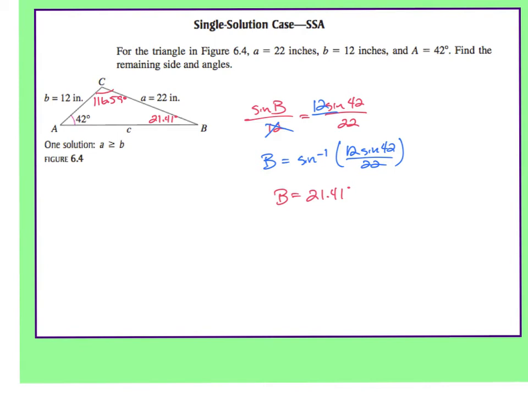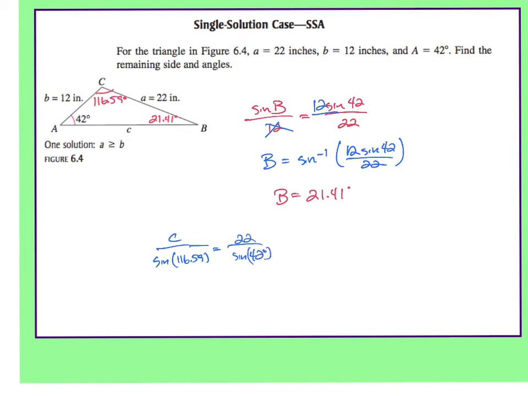Evan, set up my proportion for me. It'd be C over sine of C is equal to... Okay, sine of C, which is? 116.59. Good. Which is equal to A over... Okay, what is A? 22 over sine of 42. Good.